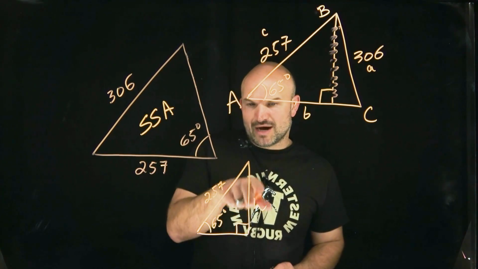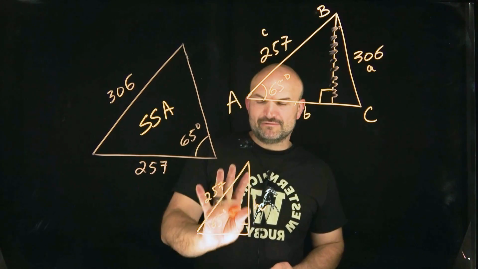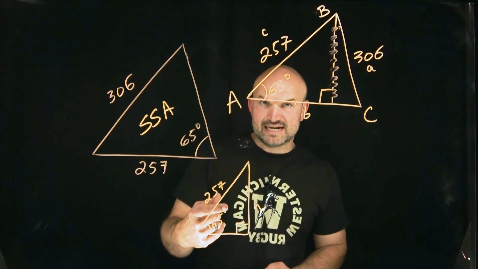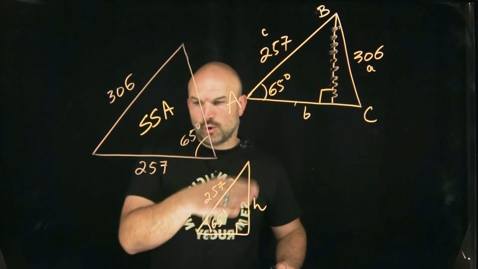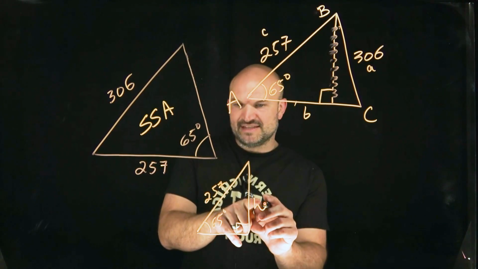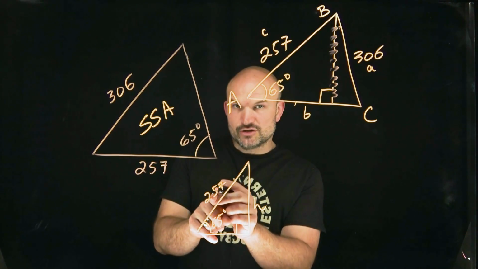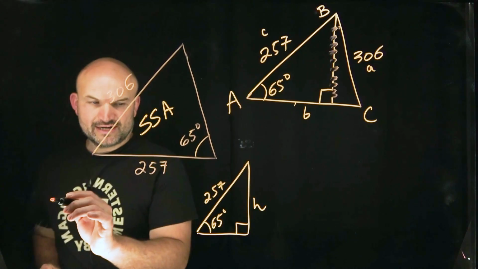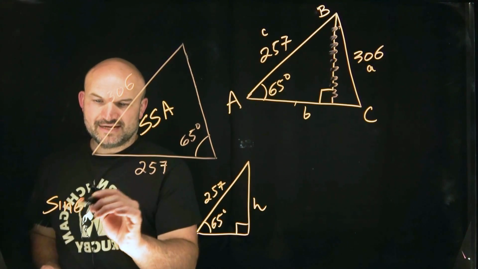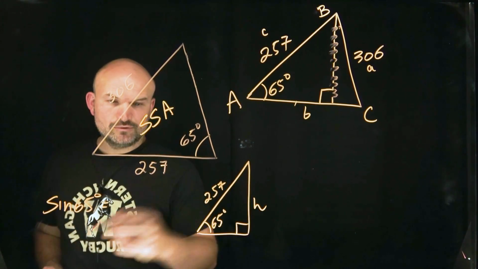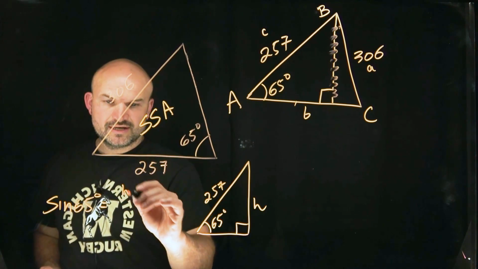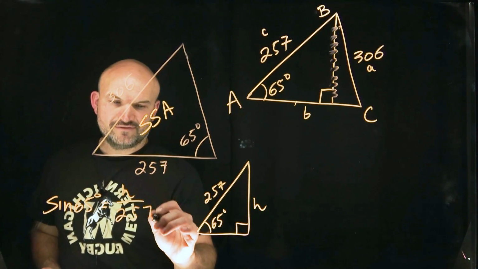Now, how can we find the height? If you remember, when we have a right triangle and we're given an angle and one side length, we can use our trigonometric functions. Hopefully you recognize that if we have the opposite of our angle and the hypotenuse, we can use the sine function. So I can write this equation: sine of 65 degrees equals opposite over hypotenuse, h over 257.